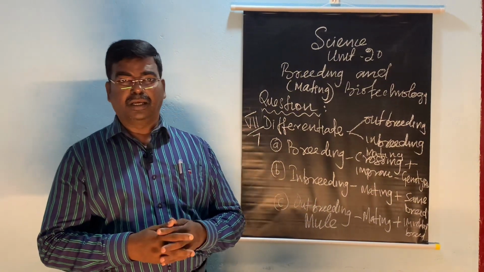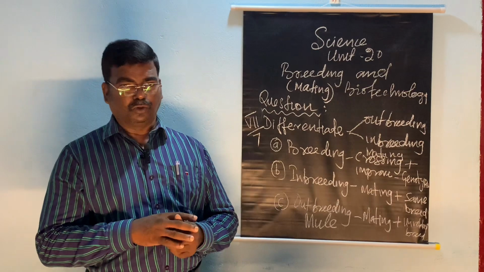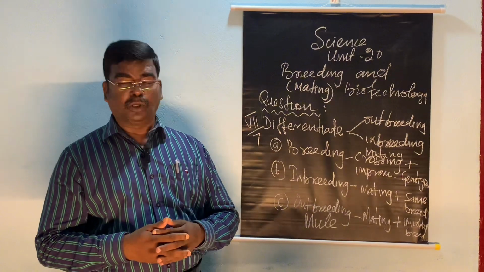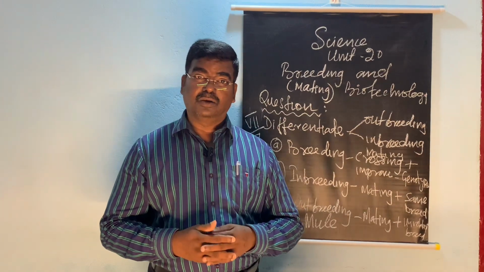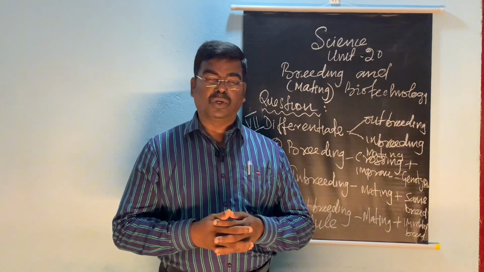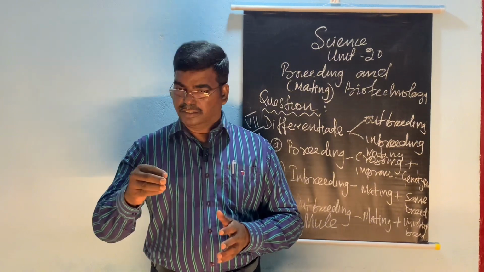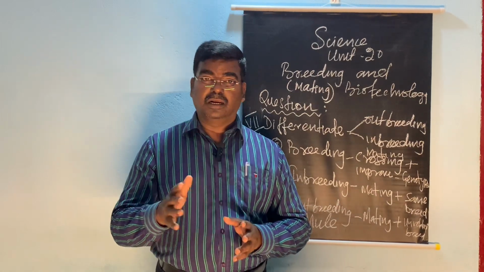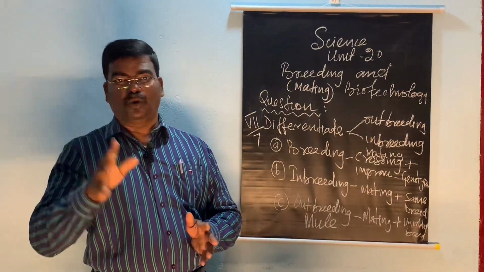So the male donkey will give 32 chromosomes. The female horse will give 31 chromosomes. The total number of chromosomes is 63. So 63 chromosomes, that is in the mule. So when it is going to give a cell, the primordial germ cell cannot give n number of chromosomes.